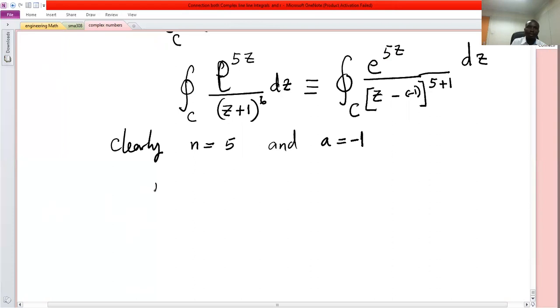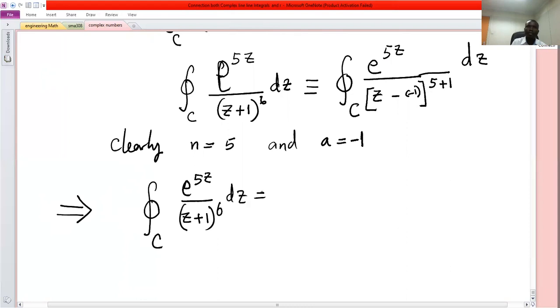So which means that the integral of e raised to power 5z over z plus 1 to the power 6 dz will be the same as 2 pi i over 5 factorial, because that's the value of n factorial, and then the fifth derivative of the function at the point -1.